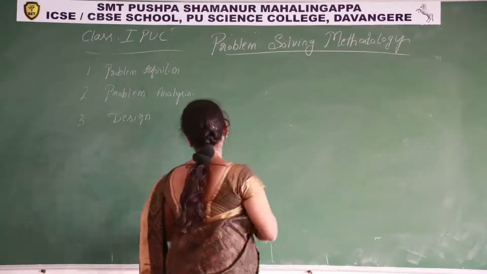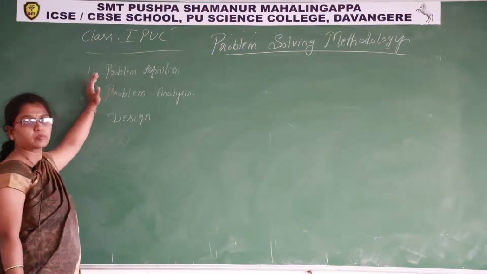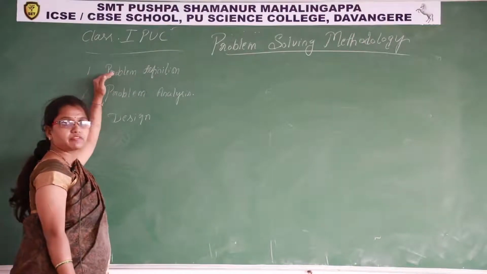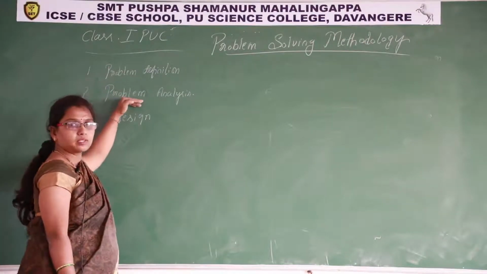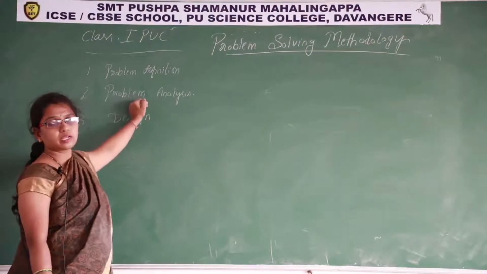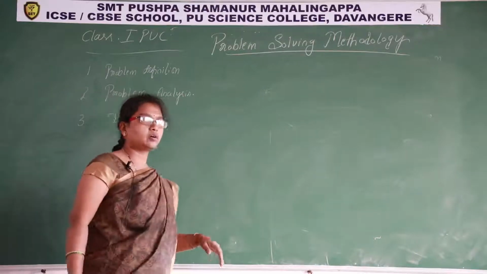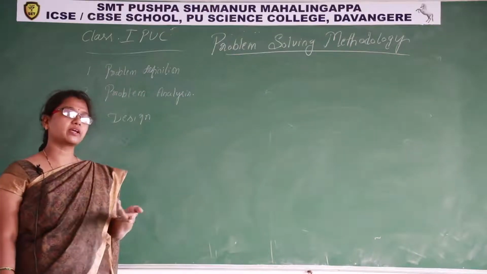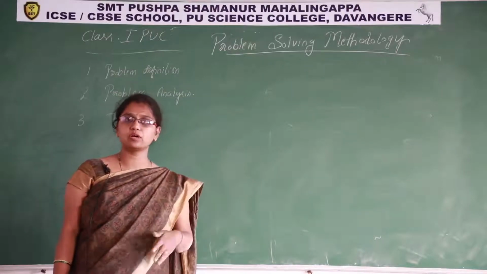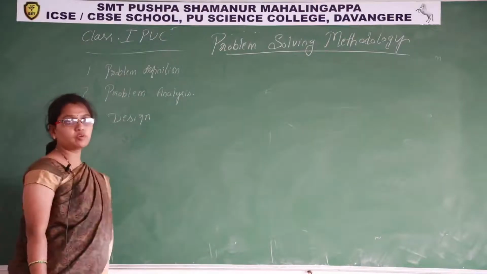So what we understood from these three, in order to solve any given problem statement, first we have to understand the problem definition, then we have to analyze the problem, and in this step we come to know what the inputs are and what type of inputs the user has to input, whether a whole number or any numerical value or a character value or a string, what type of data the user has to give, audio or image, like that, and what type of output we may expect.